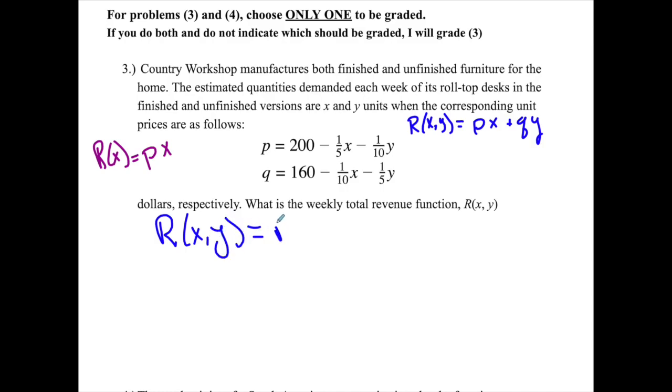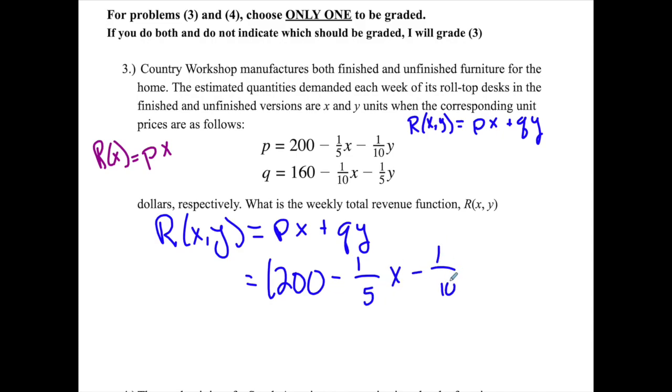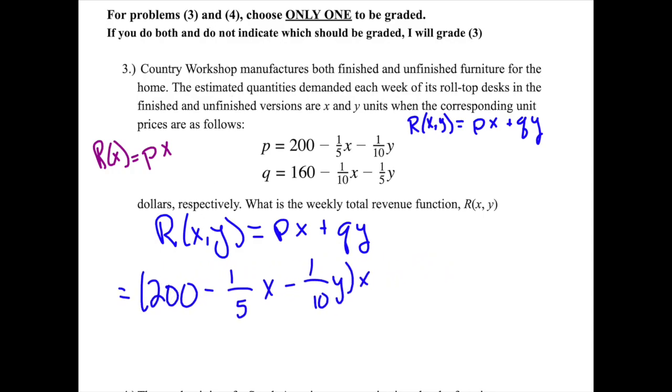So R of X, Y equals PX plus QY, which equals 200 minus 1/5 X minus 1/10 Y, times X, plus 160 minus 1/10 X minus 1/5 Y, times Y. Just substitute what P is equal to and what Q is equal to.